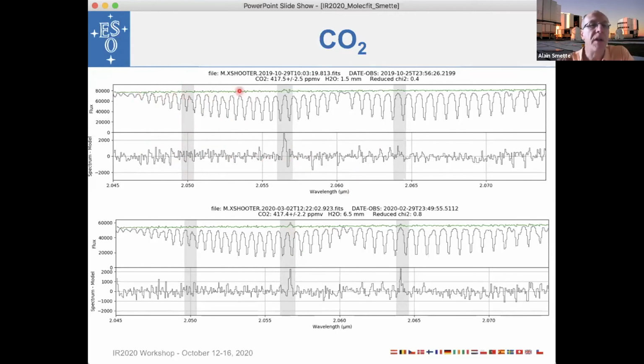You can see in green the corrected spectrum, and here the difference between the spectrum and the model. Again, the values for water vapor, as there are some water vapor lines in this area, have been obtained from the radiometer. And you can see that we reach 0.5% in the amount of CO2.